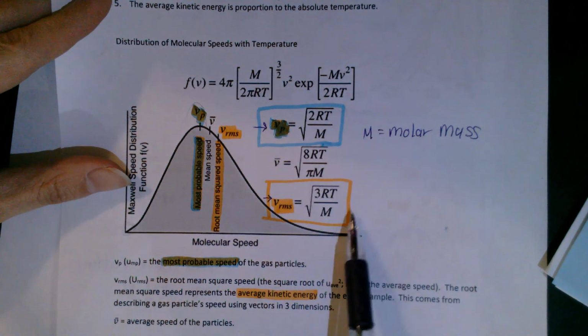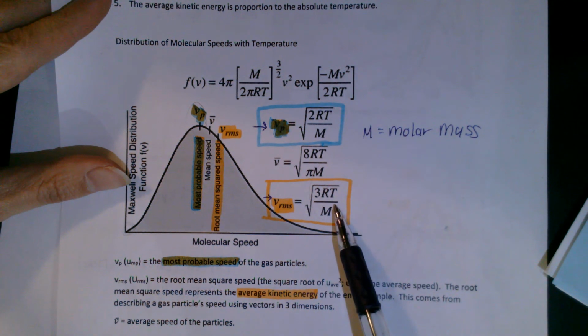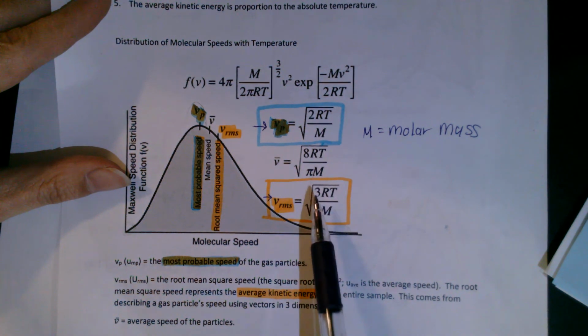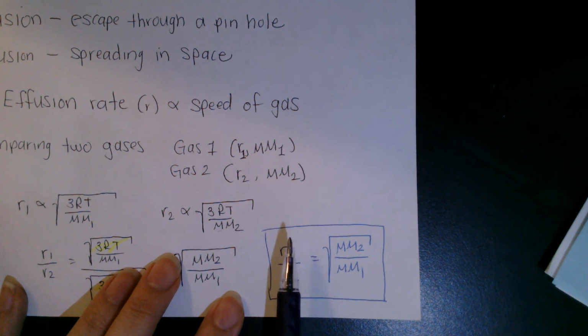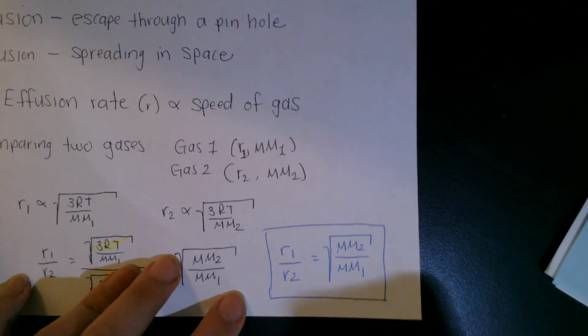Have these two on your formula sheets and practice using them, setting them up with the weird units that they have. And then also this one here, when we're comparing two gases, be able to put them in the appropriate places and solve for that.